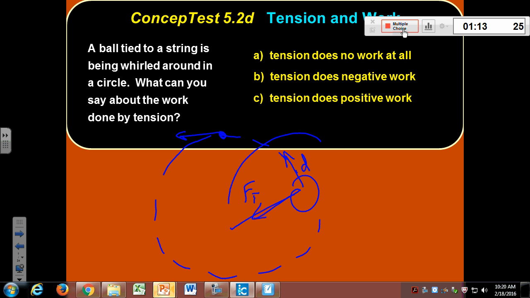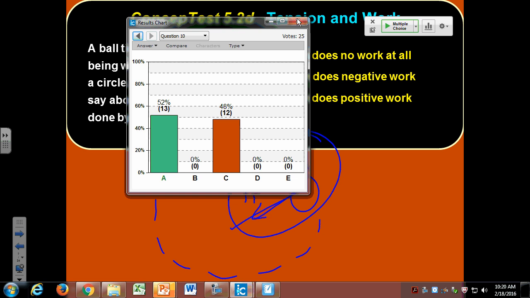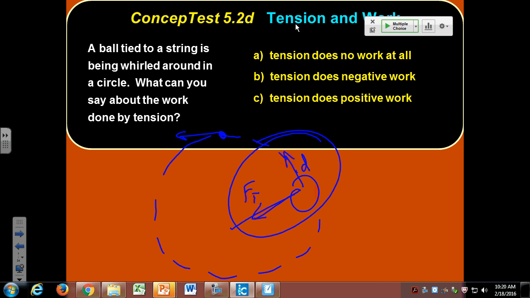But at each point, the displacement will be tangent to the circle. And the tension is always going to be towards the center of the circle, because you have this ball and you're spinning around on a string. That tension is always going to be towards the center of the circle, and so that means the answer will be no work at all, because they're perpendicular to one another. That means no work at all.